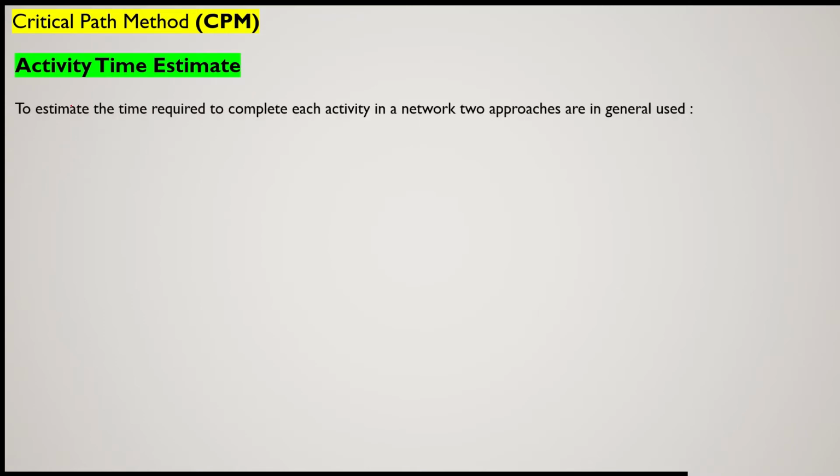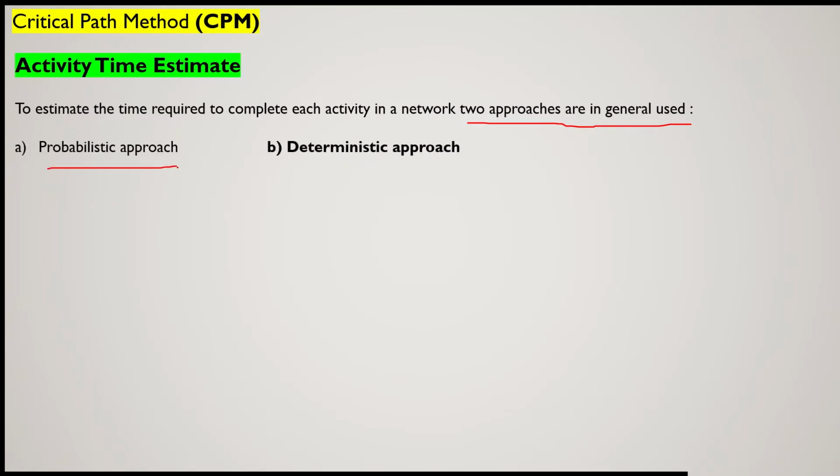That means how much time an activity will take. And to estimate the time required to complete each activity in a network, two types of approaches are in general used. One is the probabilistic approach, which is based on probability, and the other one is the deterministic approach.